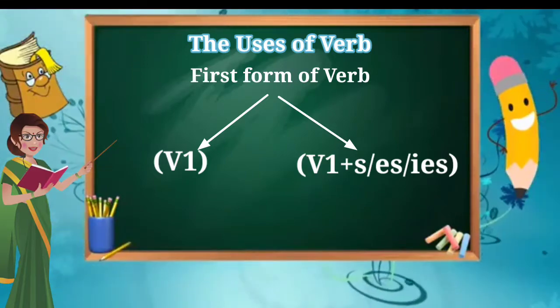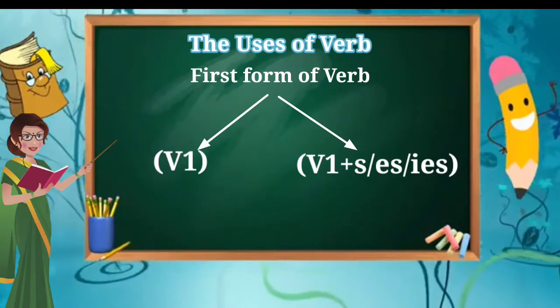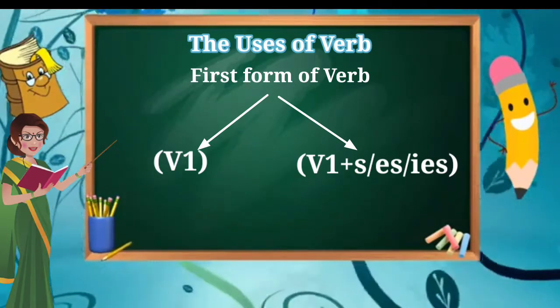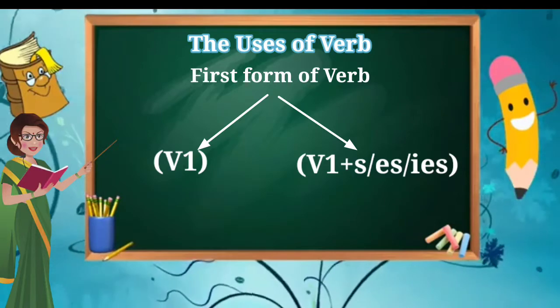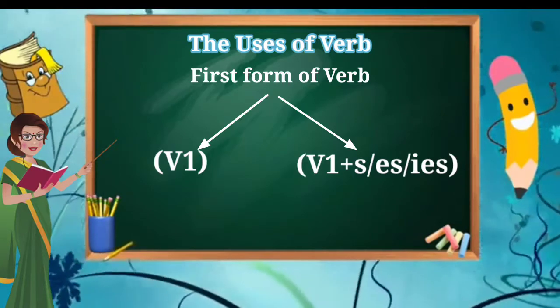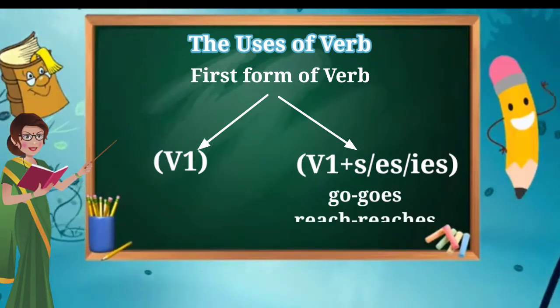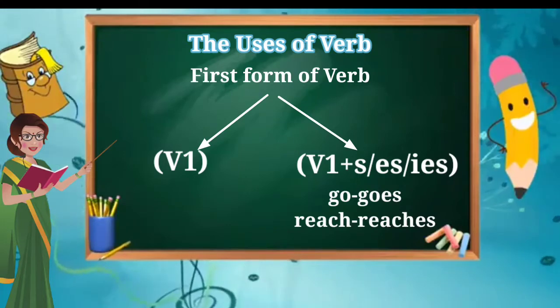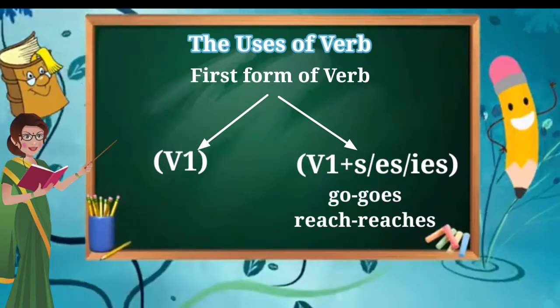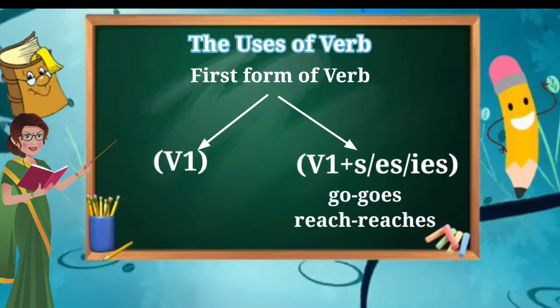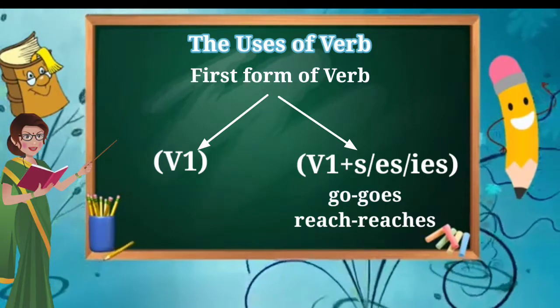Listen, if a verb ends with S, CH or O, we add ES with it, like go, goes. Here we use ES because the word go ends with O. Then reach, reaches.